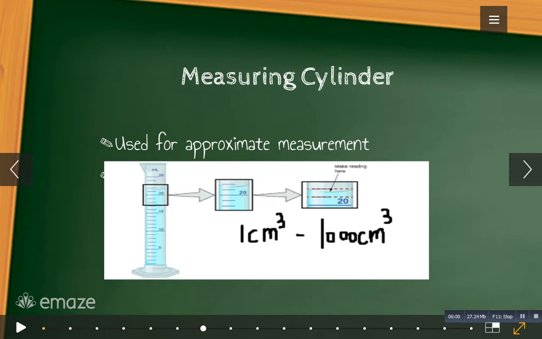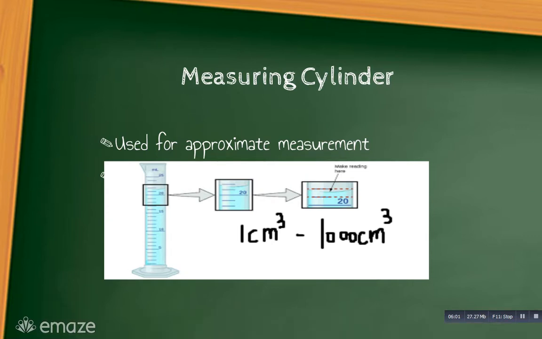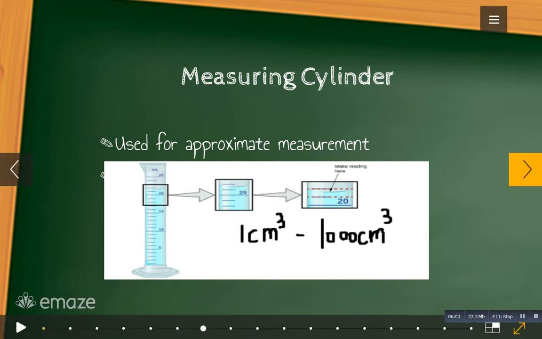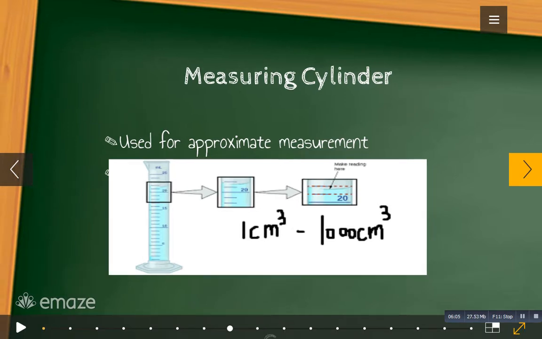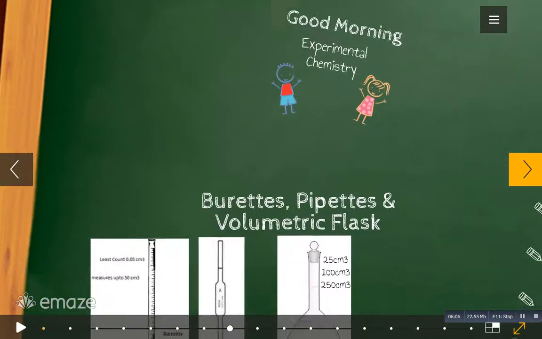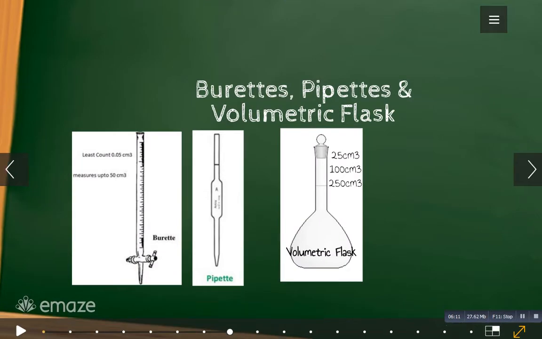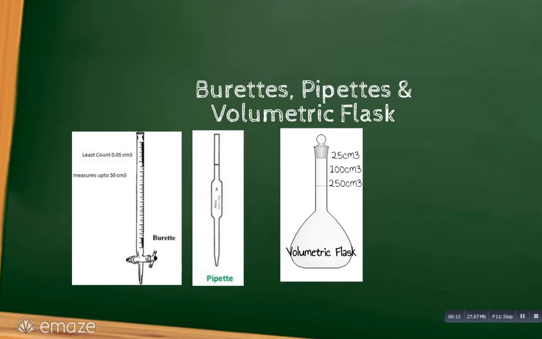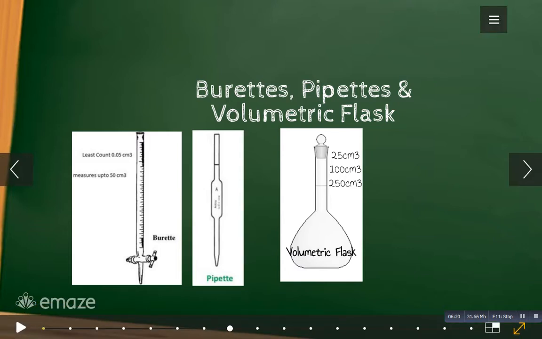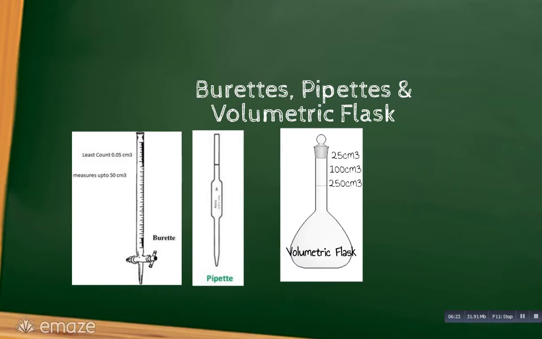A liquid, mostly acid, is poured into this long tube, the burette, during titration, and it measures up to 50 centimeter cube, right? And its least count is 0.05 centimeter cube for a single measurement. And you open this tap over here to pour the acid downwards into the volumetric flask, which usually contains an alkaline material.